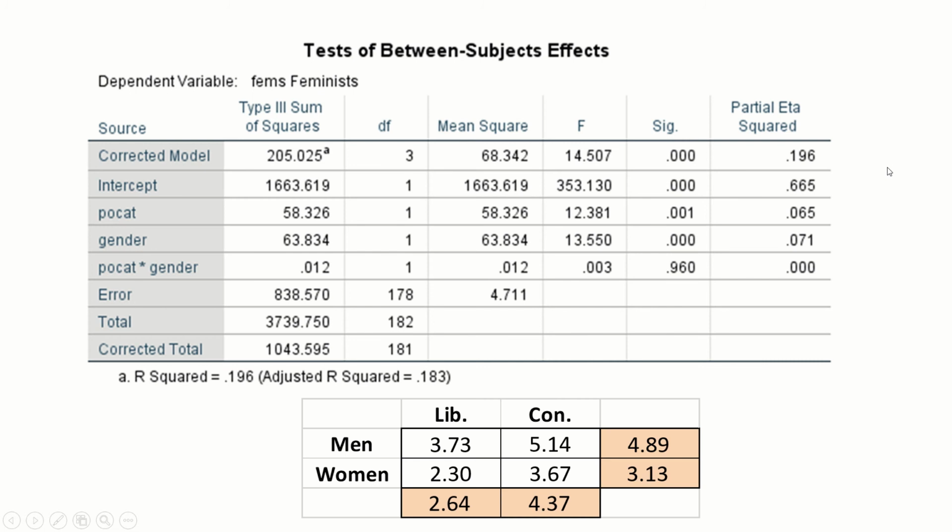To figure that out, we need to go to the ANOVA table. I have the means table down here just to help us interpret what's going on. The first thing we can do is cross out what we don't need to look at. We can cross out the first two rows and the last two rows.